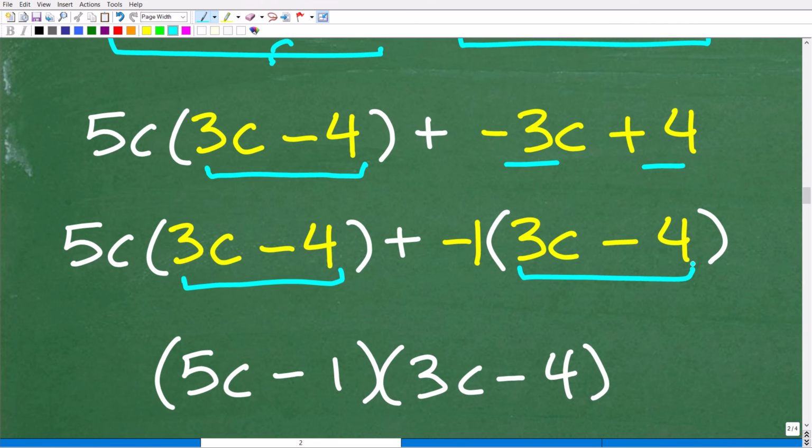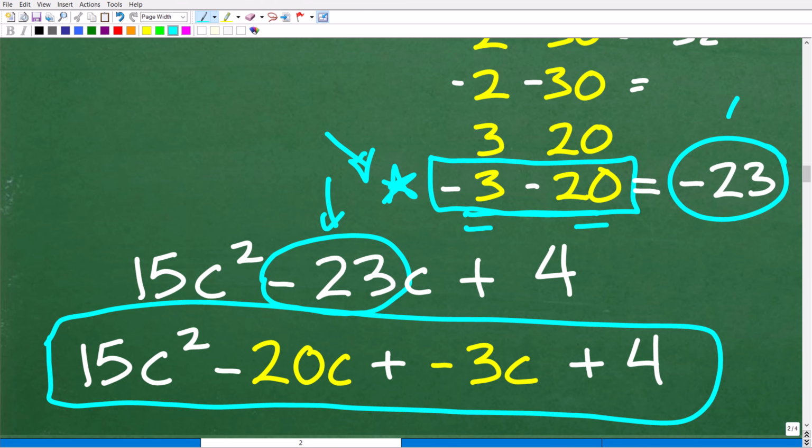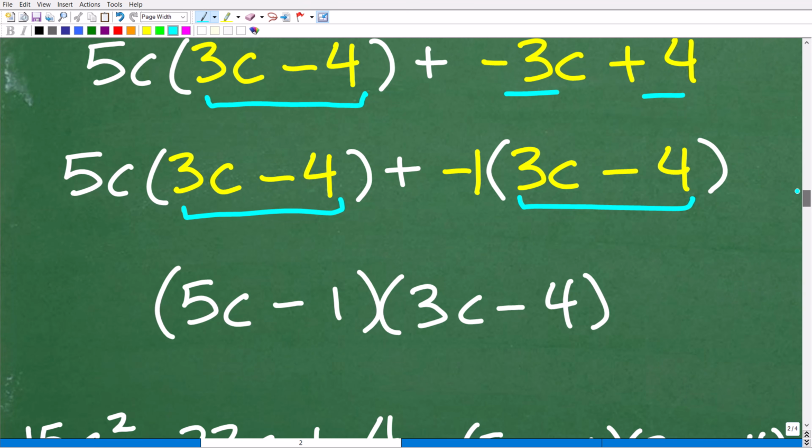If you were able to find a pair of factors that adds up to that middle term, this thing will factor. All right, so now we can actually factor out this 3c minus 4. I know it's kind of confusing, but when we factor this out, we're left with 3c minus 4, and what remains is 5c minus 1.